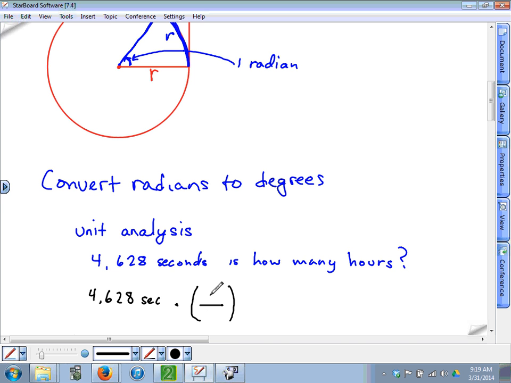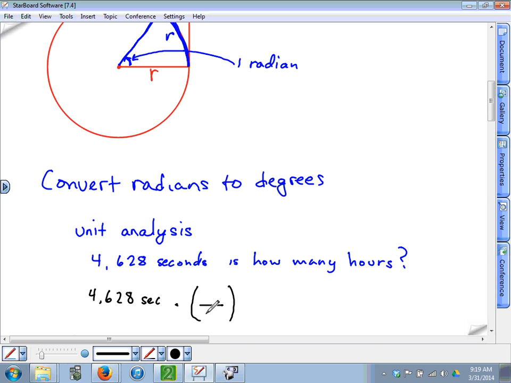Why does it have to be the same thing divided by itself? What is something divided by itself? 1. Okay? And if I take this number and multiply it by 1, am I changing the value of the number? No. What we are going to change, though, is the unit of measure. The key to this is you end up with something that's numerically equivalent, just measured differently. So we need to multiply this by something divided by itself.